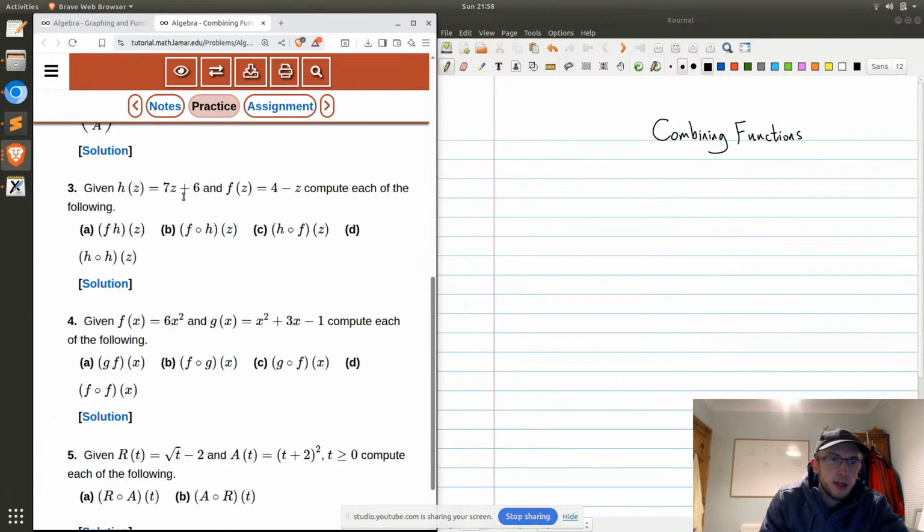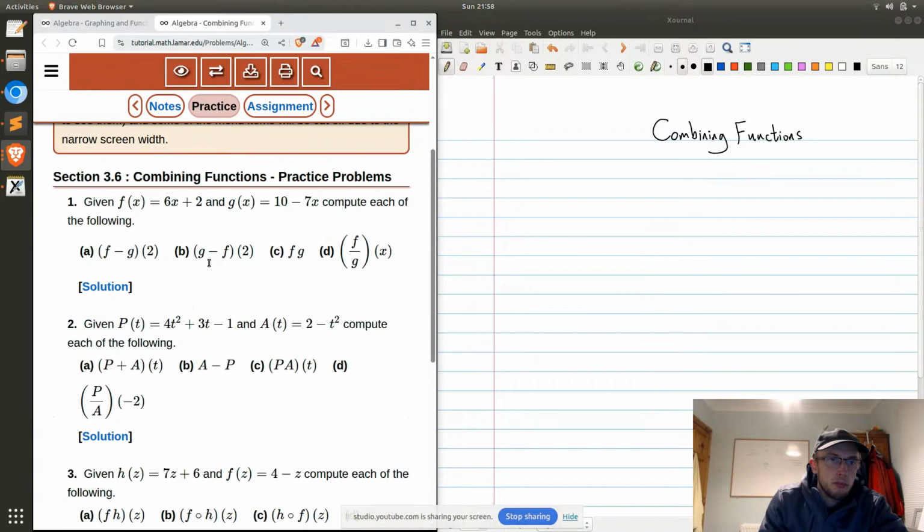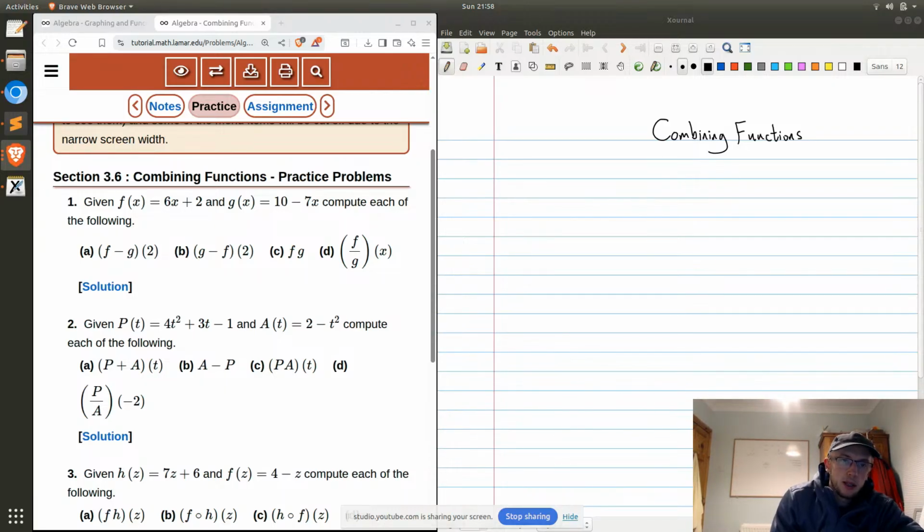The problems in combining functions. We combine functions to create a composite function. Or I've heard some people say composite, but anyhow. Oh, no, beg your pardon.